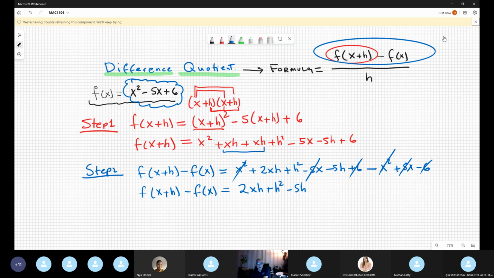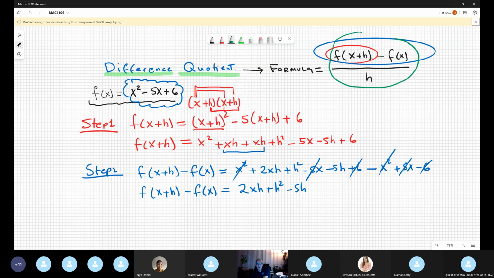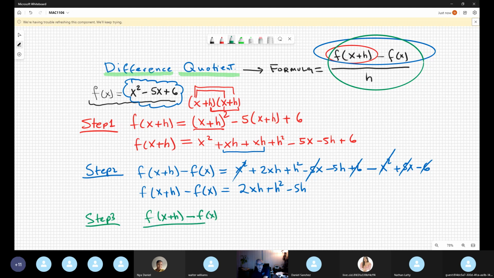Okay, we almost finished. Now I go to the last step, the green part. Step 3 is easy, because the only thing you should do is divide by h. So you take f of x plus h from step 1, subtracting f of x from step 2. Now the new part is divided by h.